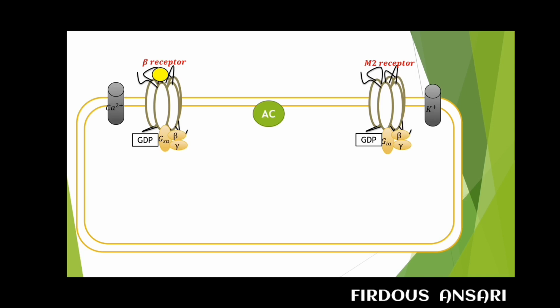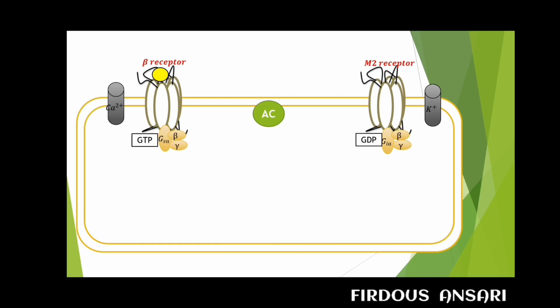Now suppose adrenaline binds to the beta adrenergic receptor on the cell surface, and it will induce a conformational change which will permit the interaction of the G protein binding site with the stimulatory G protein. So this activated GS will now displace the GDP and it will be replaced by GTP.